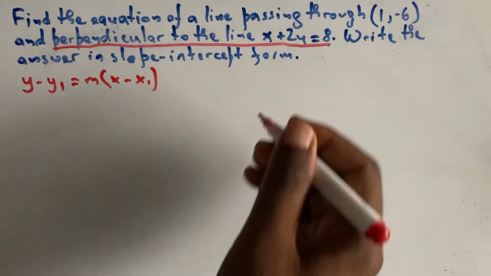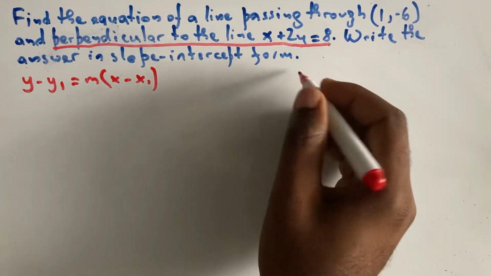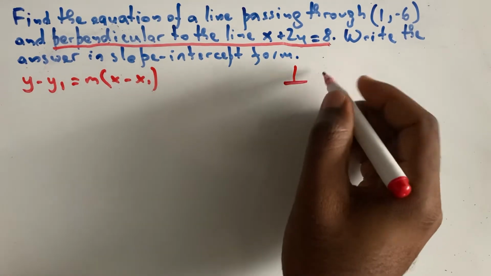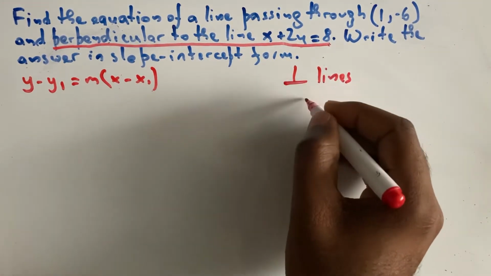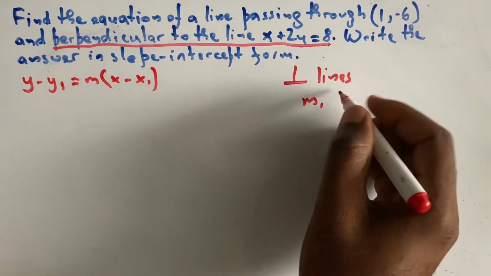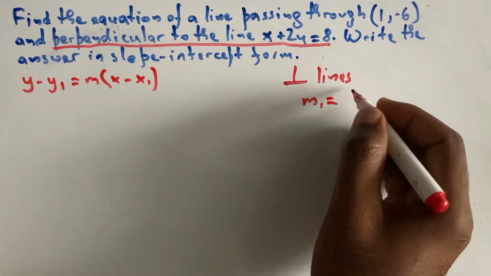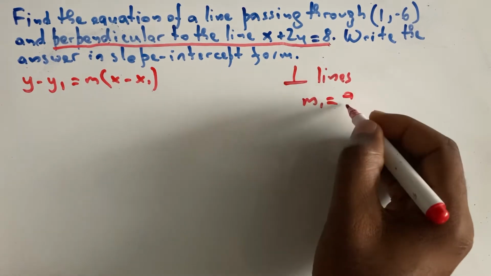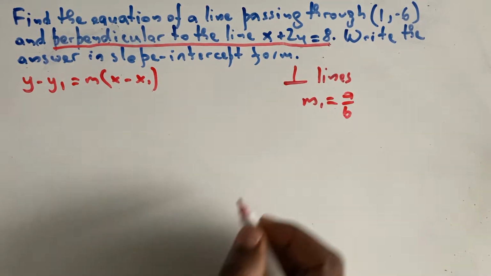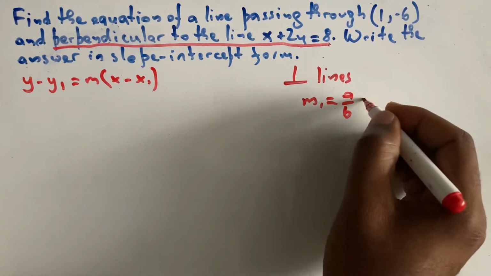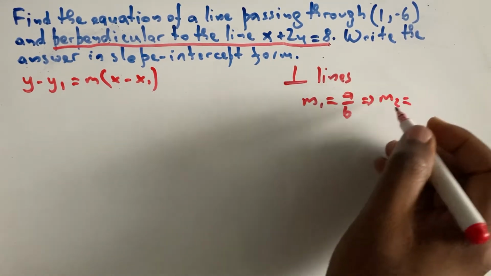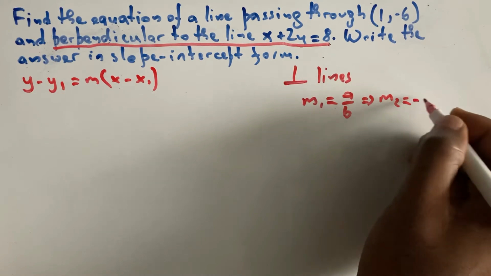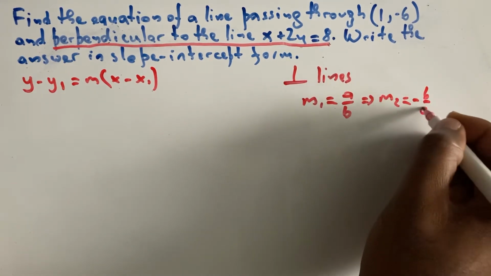It turns out that for perpendicular lines, if the slope of the first one, m1, is equal to, for example, a over b, then the slope of the other one must be equal to negative b over a.